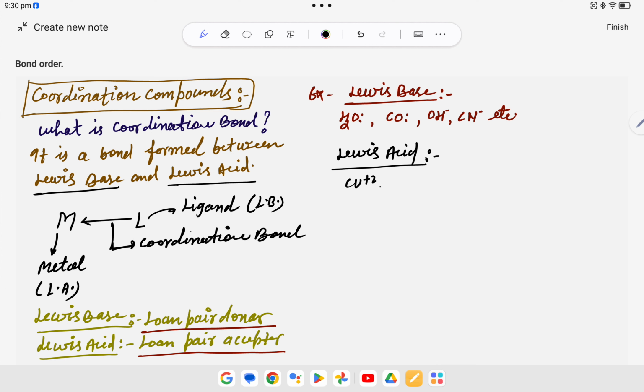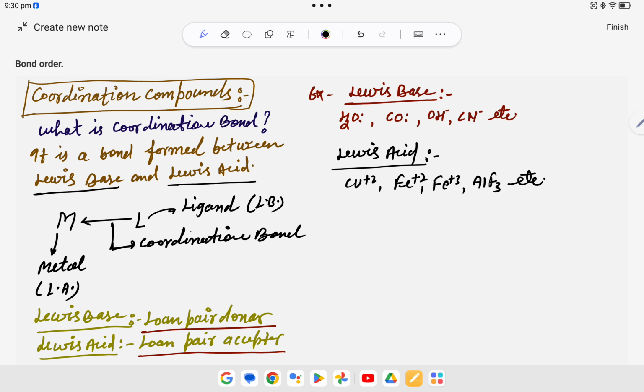All the metals and electron deficient species.